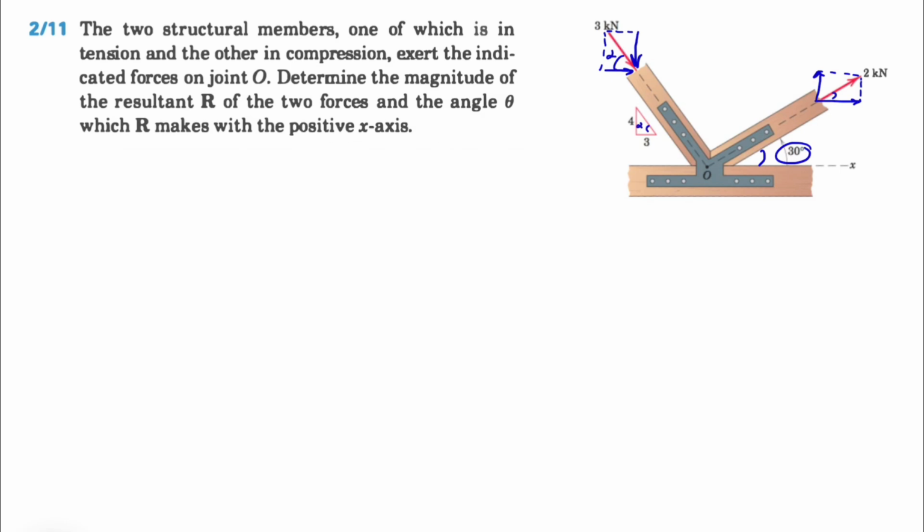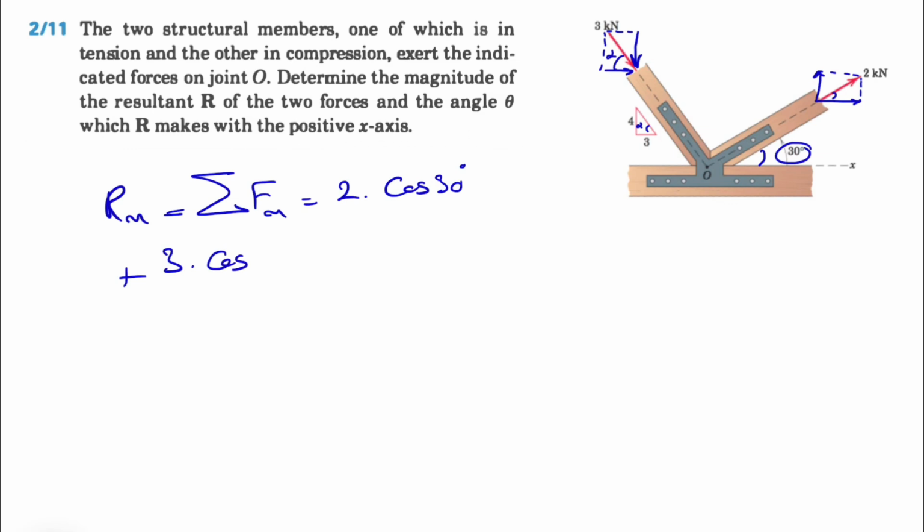Let's start with the x component, where we need the sum of all forces in x. We have the 2 kilonewton force, so 2 times cosine of 30 degrees, and the 3 kilonewton force, which will be 3 times cosine of alpha.